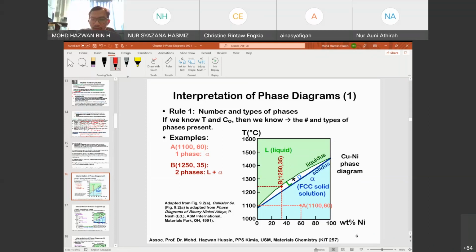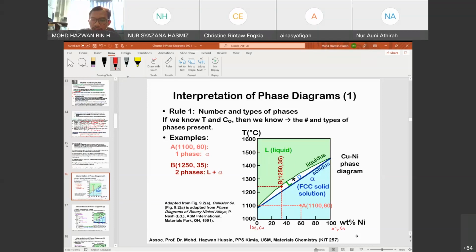I forgot to tell you also that if you have 0% nickel over here, I told you yesterday that this will be 100% copper, isn't it? And then when you have 100% nickel, it means that you have 0% copper. So let's say I ask you what will be the melting temperature of pure copper. The melting temperature can be read over here. 100% copper is equal to 0% nickel.